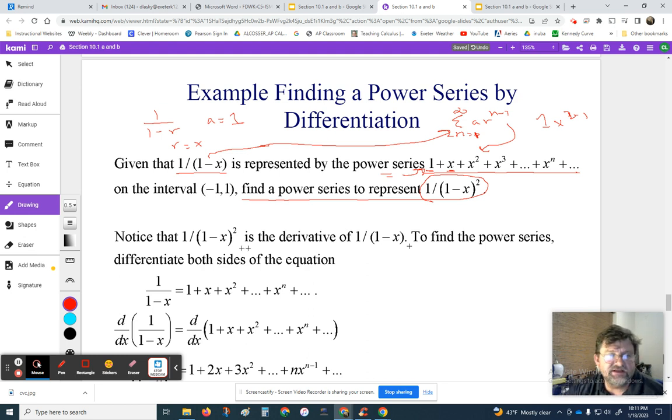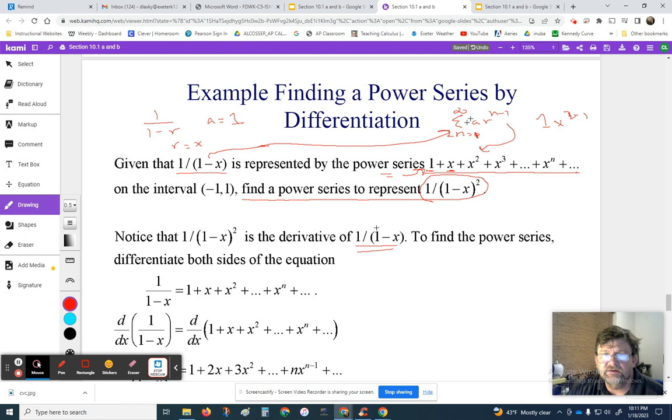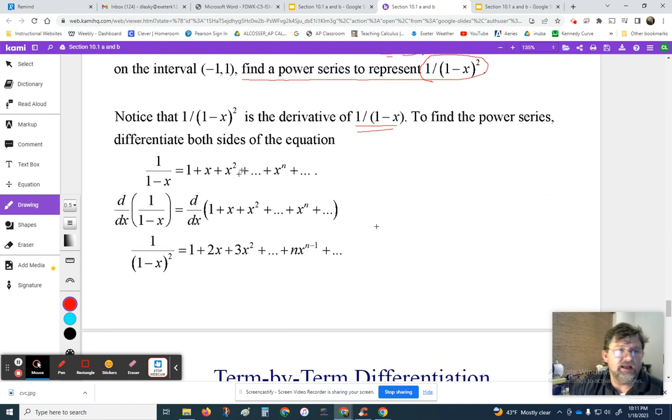When we set this thing up, I know that this piece here is going to equal my series I created prior to this, right here. And now from that, I just take the derivative of both sides, the left side and the right side.